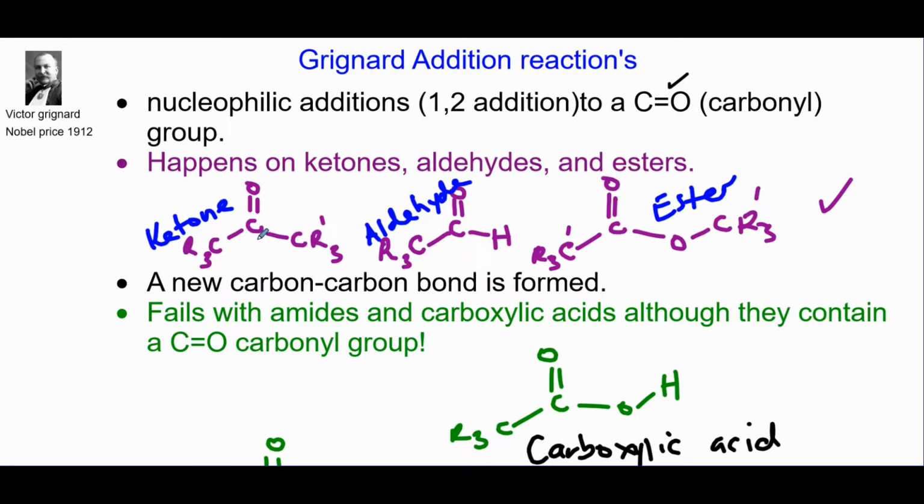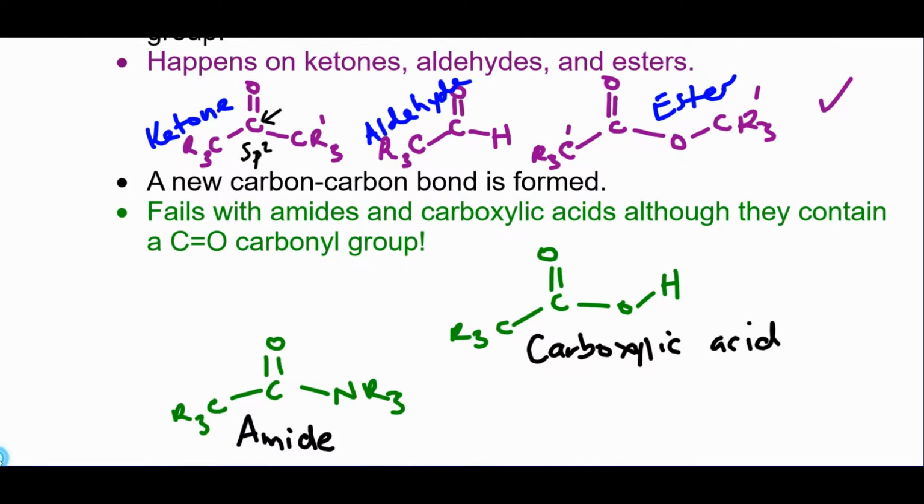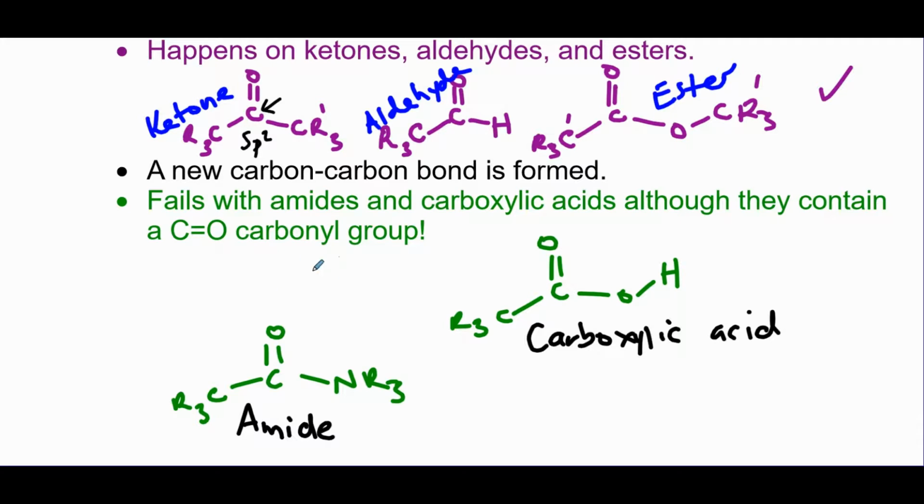Also to mention, the carbon of the carbonyl is sp2 hybridized. When the reaction is done, whichever of these carbons of the carbonyls, it will be sp3 hybridized. But for other carbon-containing compounds like amides and carboxylic acids, it tends to fail. And why does it fail in an amide?